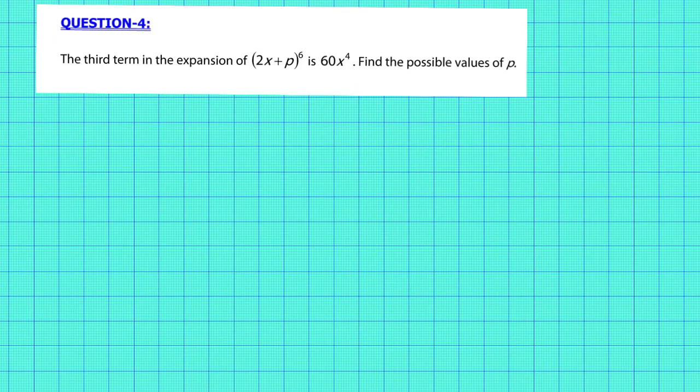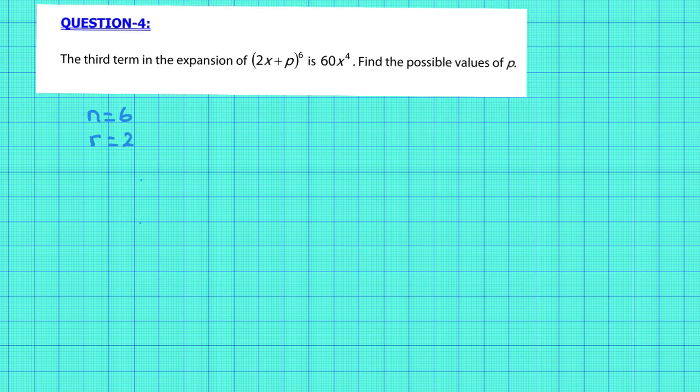Question 4. The third term in the expansion of (2x plus p) to the power of 6 is equal to 60x to the power of 4. Find the possible values of p. From the question, we know that n is equal to 6. Because we are dealing with the third term, r is equal to 2.